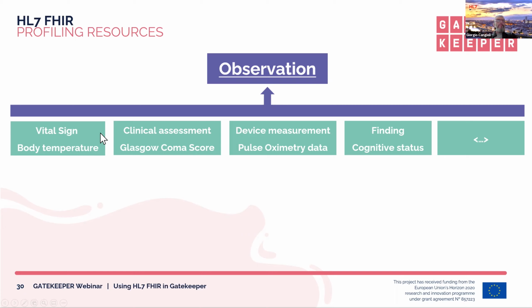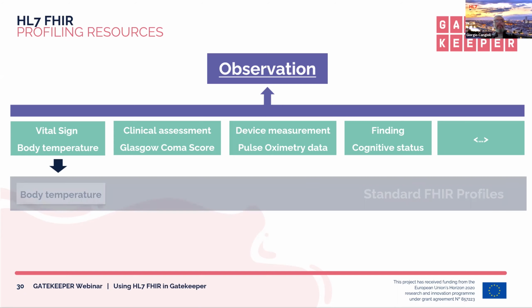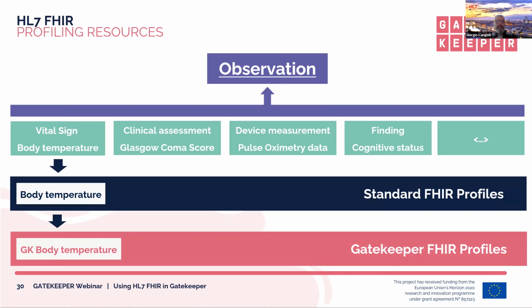What has been developed at the level of HL7 International is a profile that describes how the Observation can be used for specifying vital signs. On top of that, at a universal level, so that it could be applied everywhere, there is a body temperature profile that, by using the constraints defined for the vital sign, defines how to describe the body temperature.